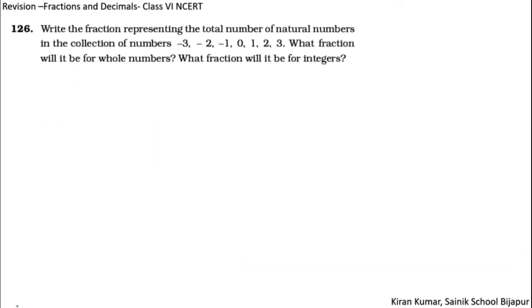Similar is the question here in 126. The fraction representing total number of natural numbers in the collection of -3, -2, -1, 0, 1, 2, 3. What fraction will it be for whole numbers? What will be for integers? First let me write the given numbers here. Out of these, I'll identify the natural numbers.